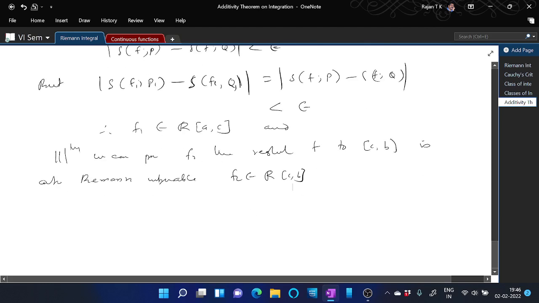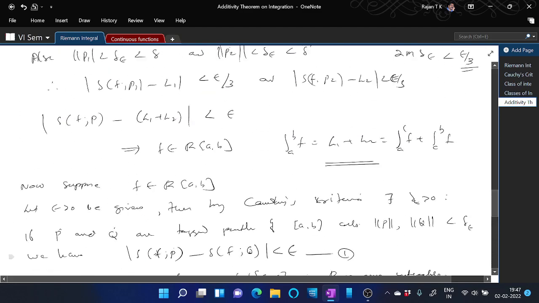And moreover, we can easily verify that integral A to B F will be equal to integral A to C F plus integral C to B F by the first part of the theorem that we proved.